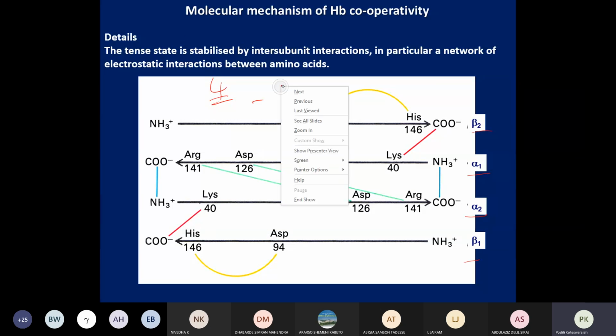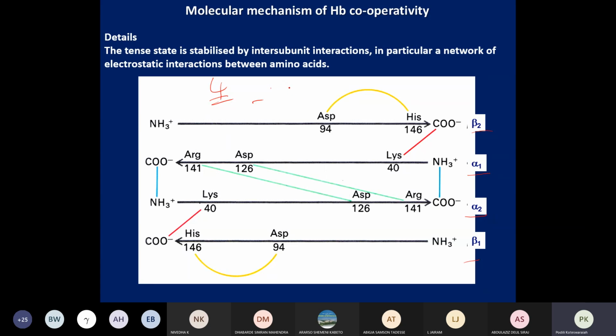In deoxyhemoglobin, all the 4 subunits are anchored by 8 salt bridges. You can count here 1, 2, 3, 4, 5, 6, 7, 8.